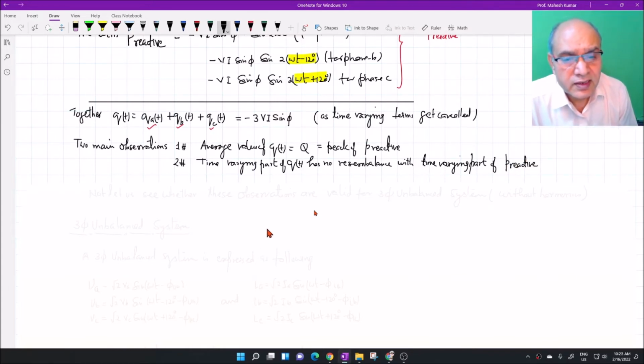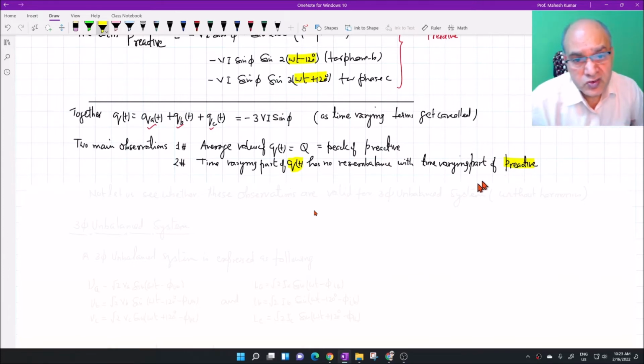So what I am saying is, what Qt defines as the reactive power, although the average value matches with the peak value of this, the time varying part has no resemblance with the time varying part of P reactive.